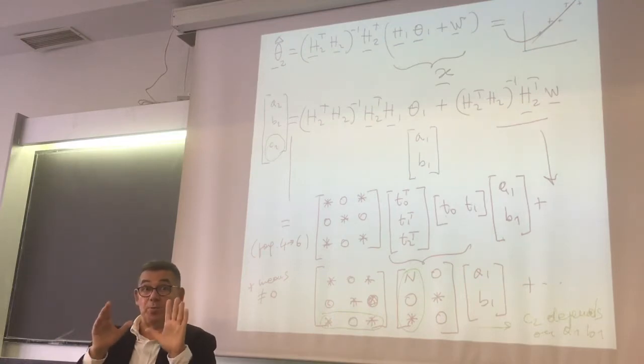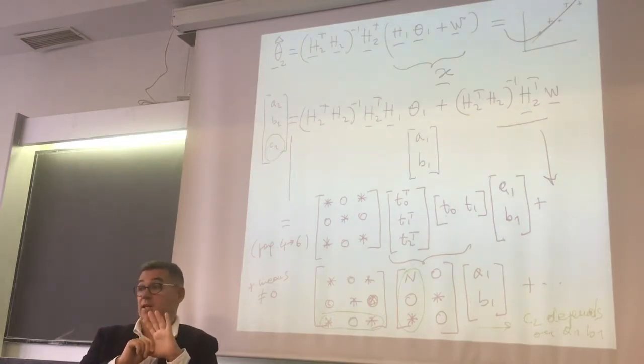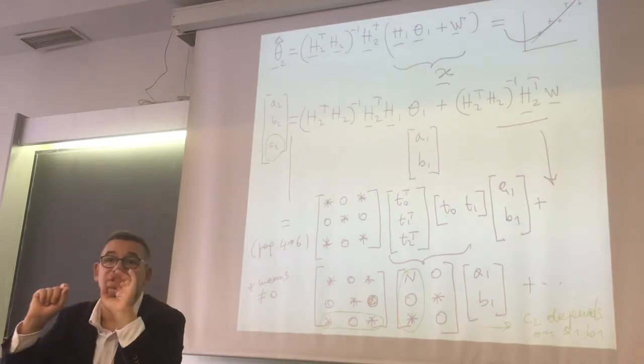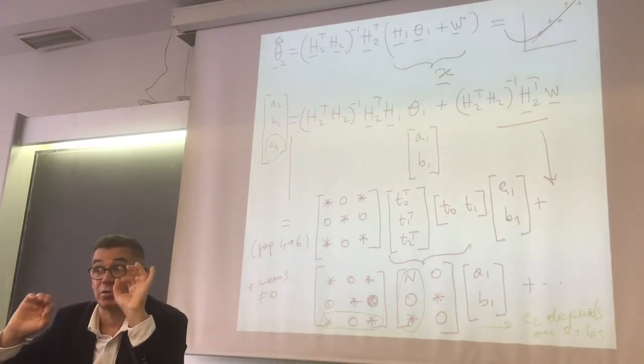It might be random, but it's different from 0, which means it's biased, because you know the true value of C2 is 0.